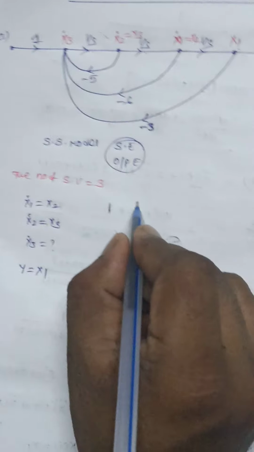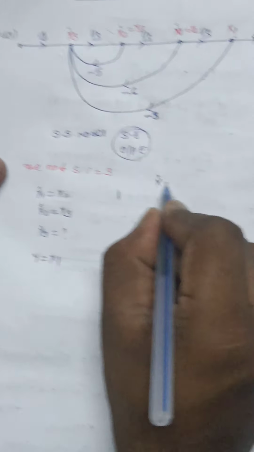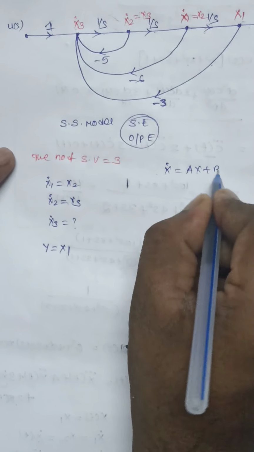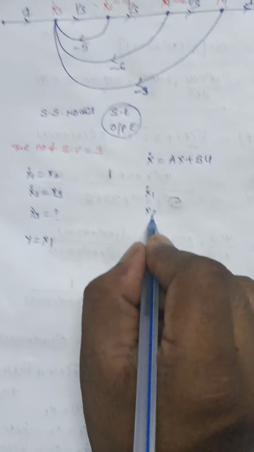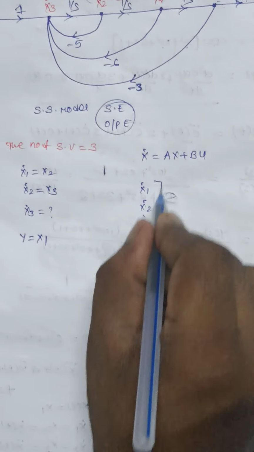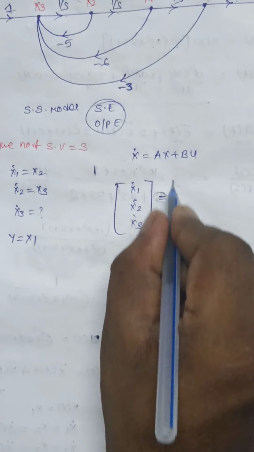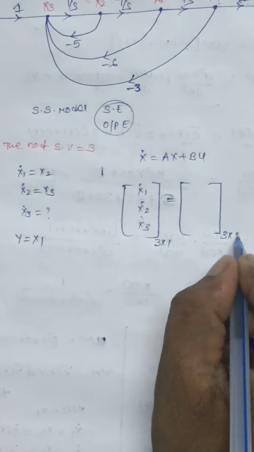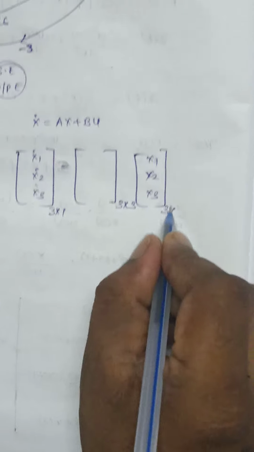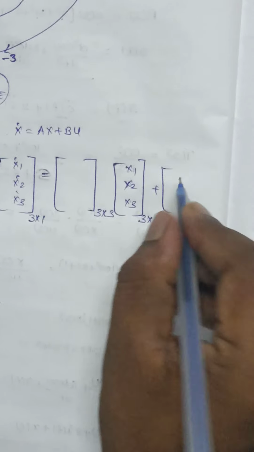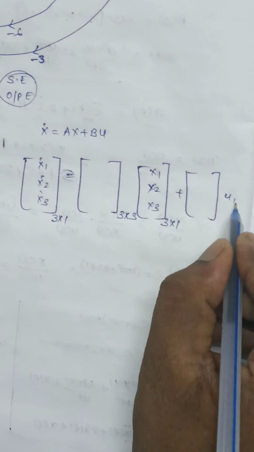To form this state model, x dot is equal to Ax plus Bu. In that, the three state variables x1 dot, x2 dot, x3 dot are equal to the A matrix, which is 3 by 3 so that it multiplies the 3 by 1 matrix of x1, x2 and x3, plus the input, which is only a 1 by 1 matrix.